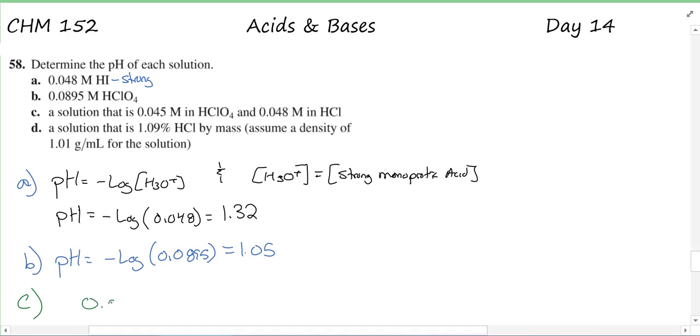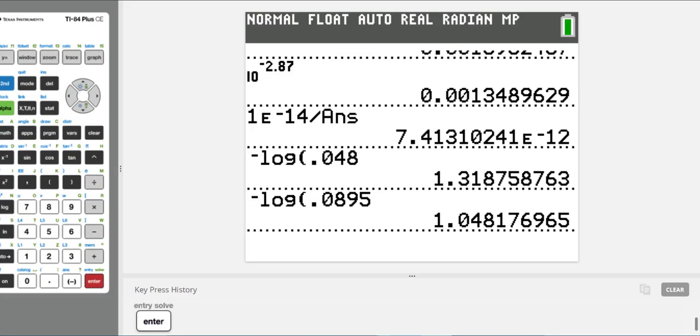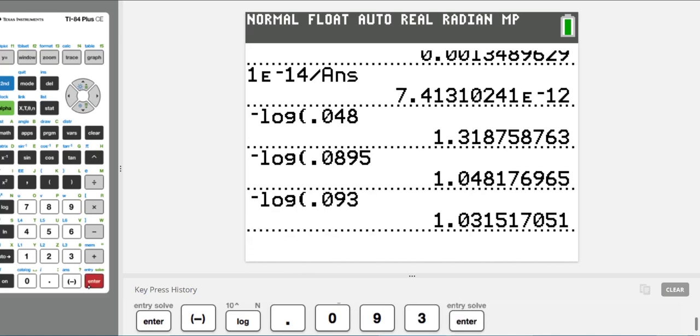I'm just going to take 0.045 molar and we're going to add it to 0.048 molar. 0.093 molar is what I get for concentration of hydronium. Oh, pH, negative log 0.093, 1.03.